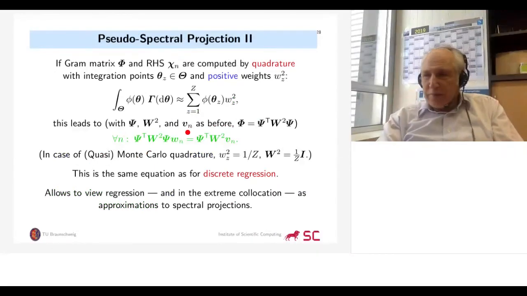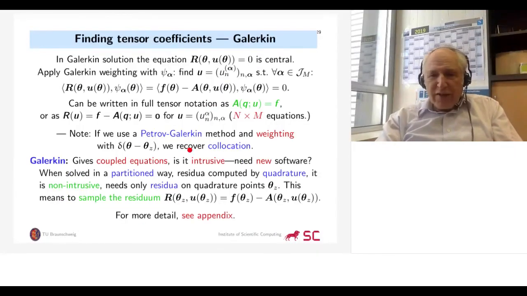Another way to find this: all these ways of doing it had nothing to do with the equation. Another way to say is we want the equation to be satisfied in some average sense. This would be to apply Galerkin weighting to this equation, the residual equal to 0. So we weight the residual with these ansatz functions which we're using, and we require this here to be 0. This is the residuum times this ansatz function.